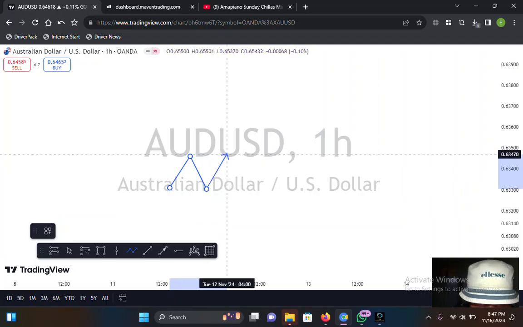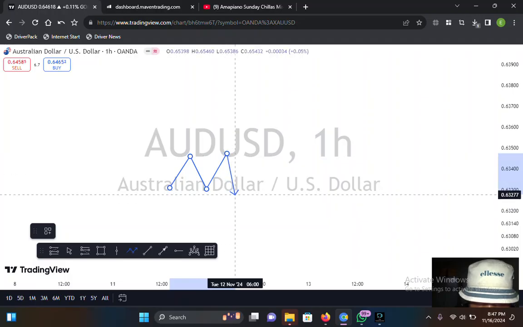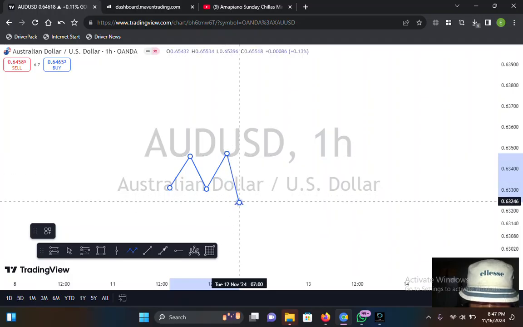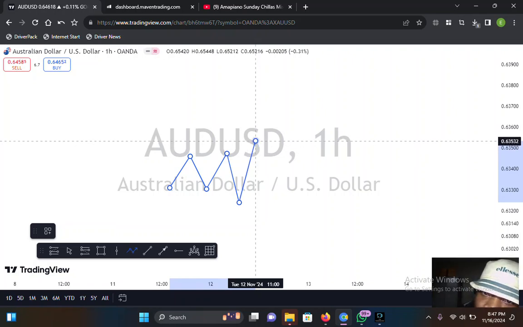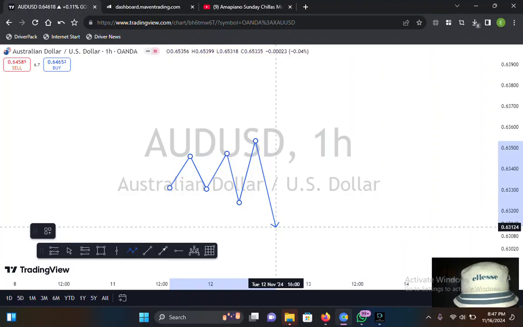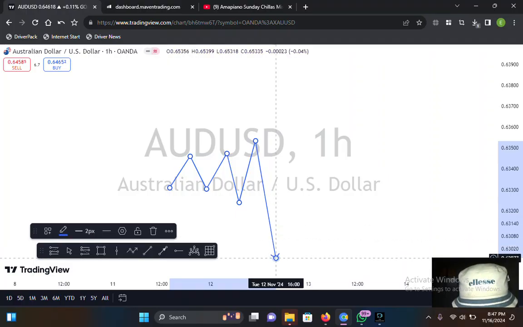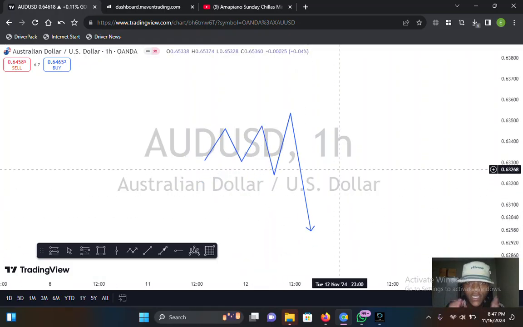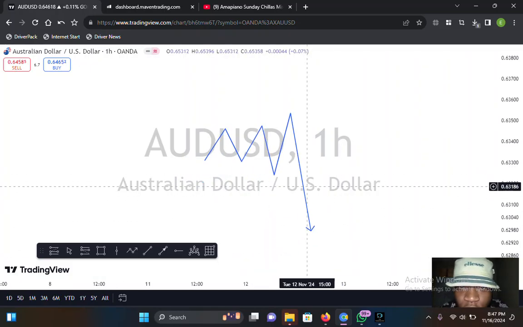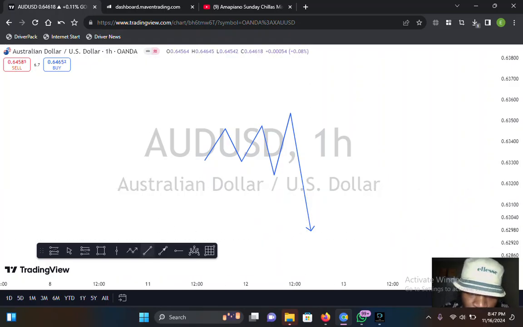Let's say that price was consolidating here, and after that price swept liquidity and dropped down to this zone here. So guys, the first thing that we want to see when we are looking to take a trade is the liquidity sweep.